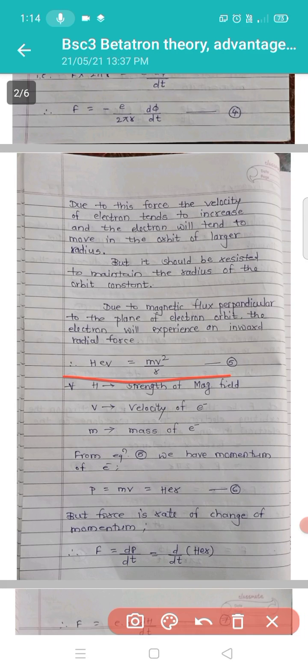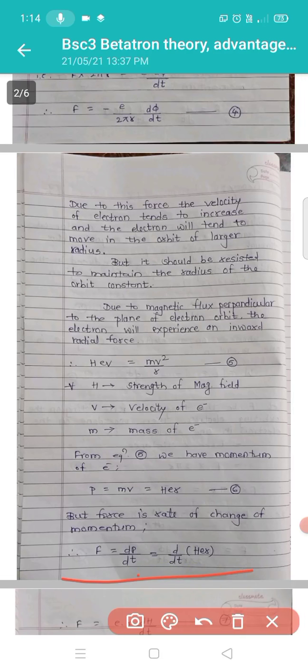From this equation we have the momentum of the electron, that is p is equal to m v, and that is equal to H e r. This is the momentum. But the rate of change of momentum gives the force.